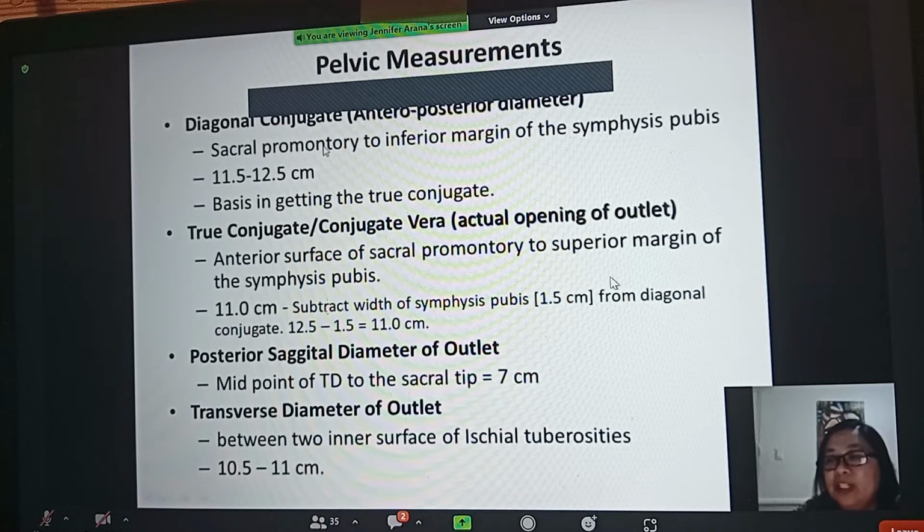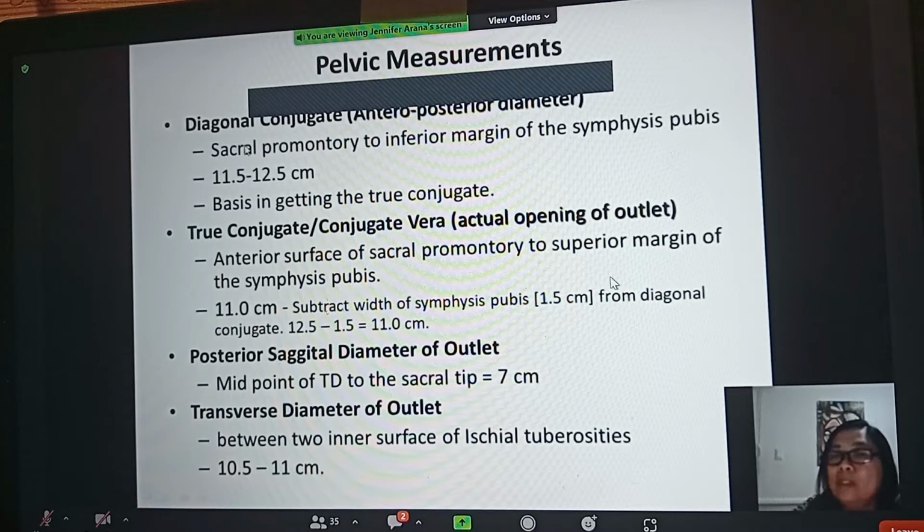So this is measured between the sacral promontory to the inferior part of the symphysis pubis. And the average or normal diagonal conjugate measures around 11.5 to 12.5 centimeters.